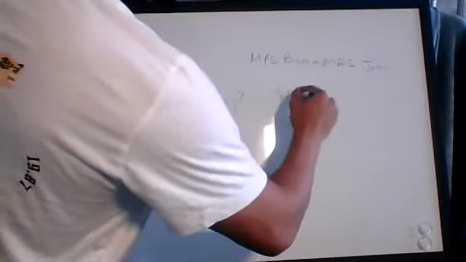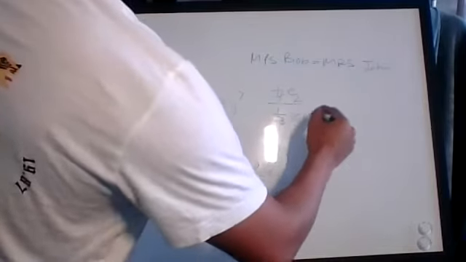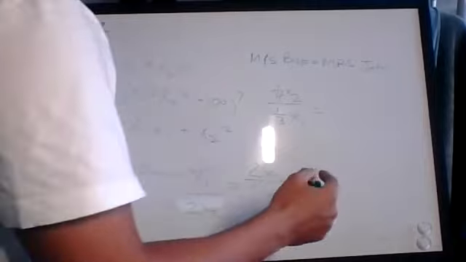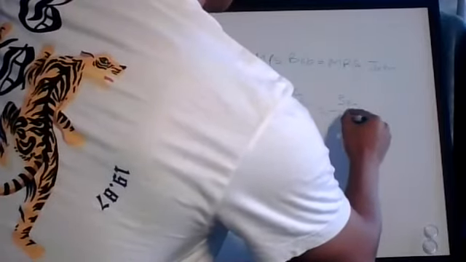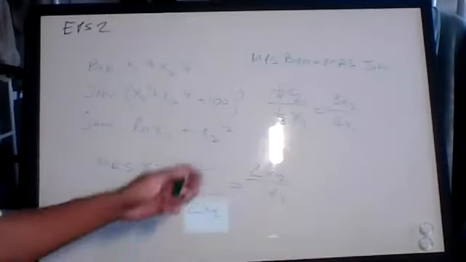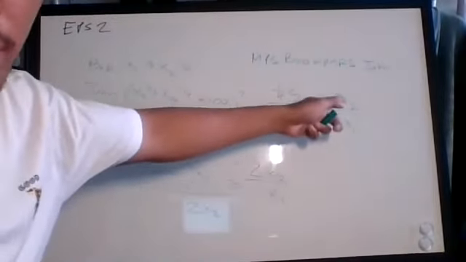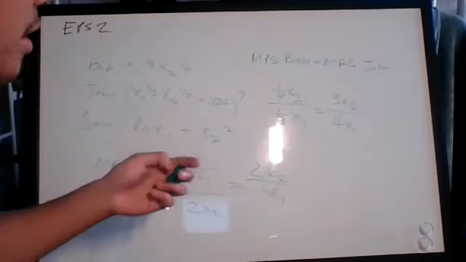1/4 x2 over 1/3 x1. And I'm going to multiply through by 12. So I'll get 3x2 over 4x1. Okay. And so you're never going to get a point in which John's MRS is infinite, right?